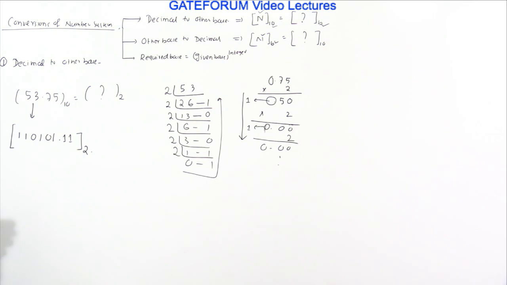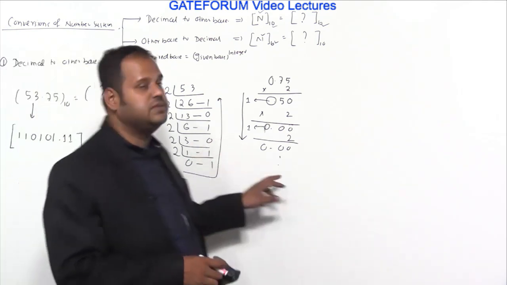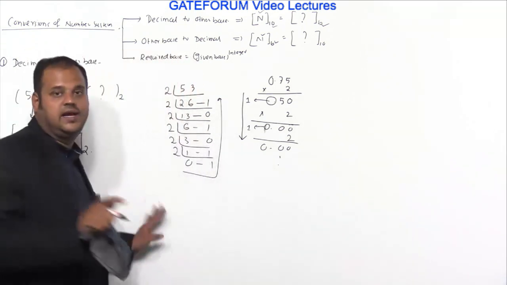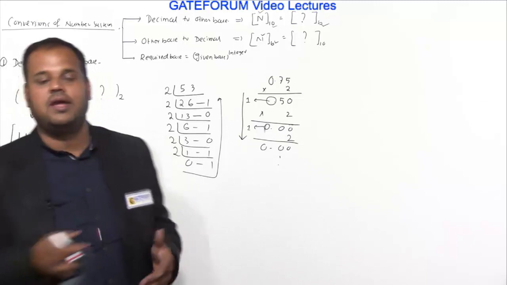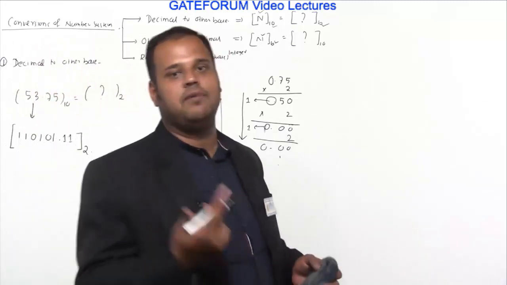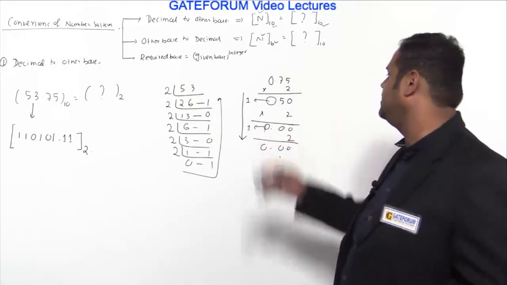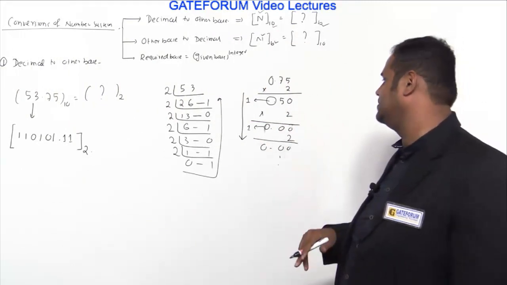Actually why I have taken this 1.50 outside, the reason is very simple. Because if I multiply with 1.50 in this step, this happens to be 3.00. But do you think that digit 3 is allowed in base 2? As I said, if the base is b, you can have at most b minus 1, so it can be up to 1. How can you accommodate 3? For that reason, we are always taking it out and making it 0.